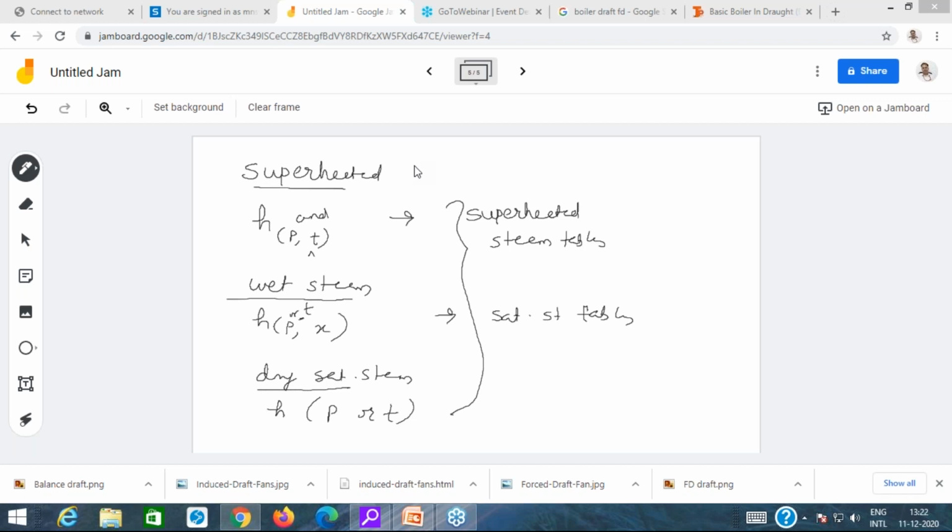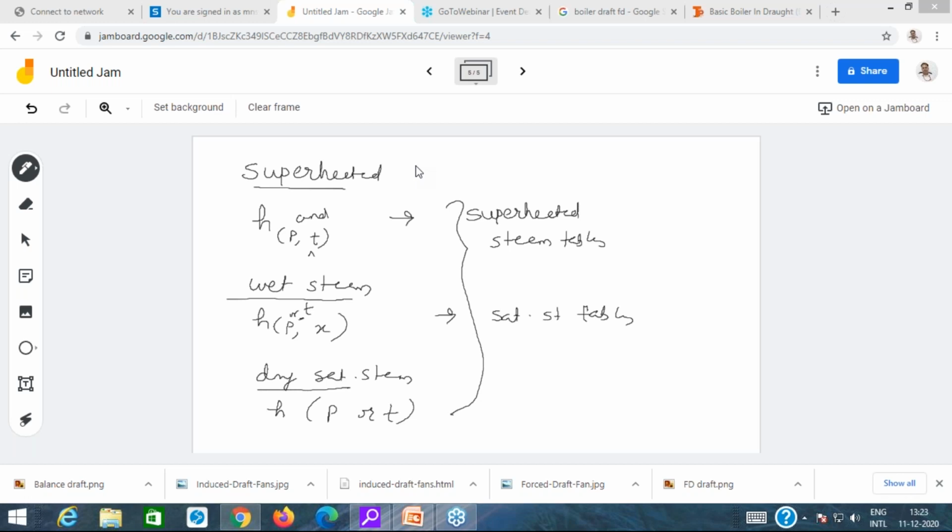You are required to calculate: one, the heat transferred per second to the boiler in producing wet steam. Second, the heat transferred in the superheater.